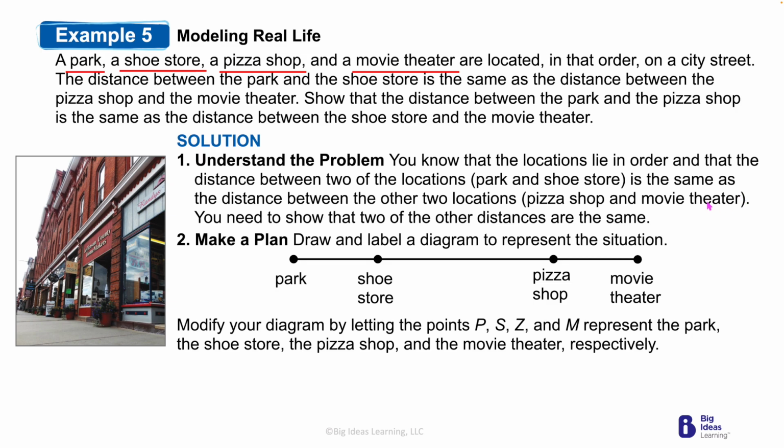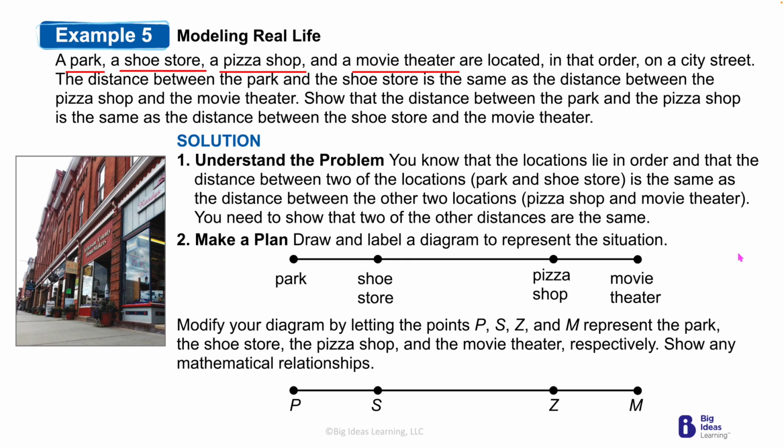So P, S, they use Z for pizza. It doesn't matter what you use. M for movie theater. It's just easier to do diagrams with single letters than words. Do you have to use the letters? No. You can keep the words if you want to. It doesn't matter. But it's just easier to use the letters.